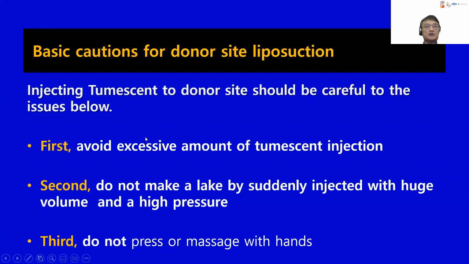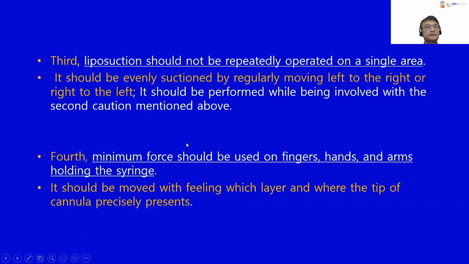Third, pressing or massaging by hand to even out the injected tumescent must be avoided because it promotes damage of natural adipose tissue. I will show this technique in my video.